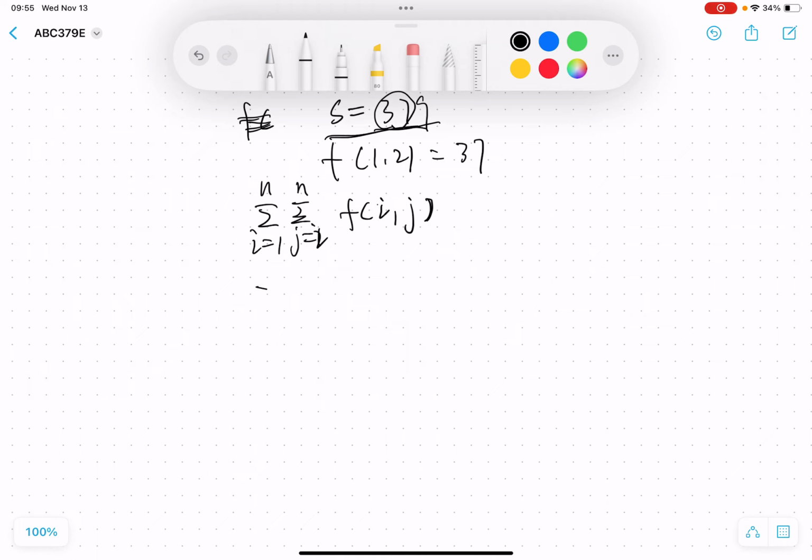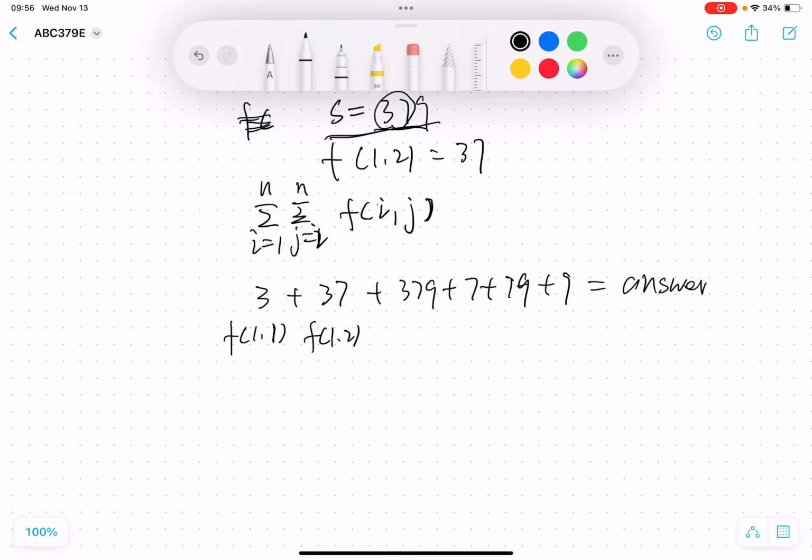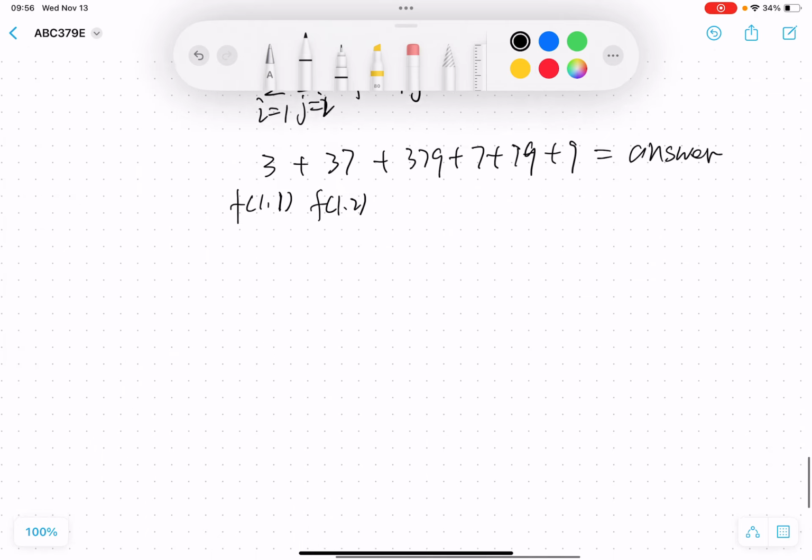We need to calculate 3, that means f(1, 1), plus 37, that means f(1, 2), plus 379, plus 79, plus 9. This is how we get the answer. This is the description of this problem.